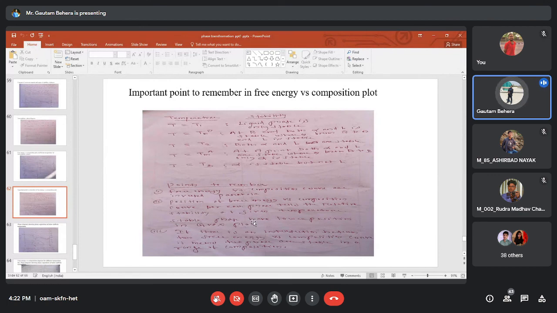Which I have already shown you. That means suppose you have two solid solutions, and the solid solution which is more stable will occupy lower position in the free energy versus composition curve, and the phase which is unstable or relatively less stable will occupy the higher position in the G versus X curve. Shall I repeat it, or you people have understood?